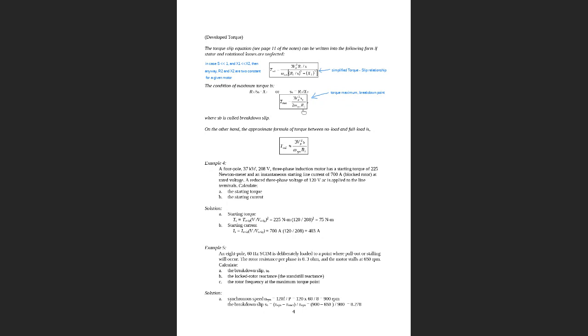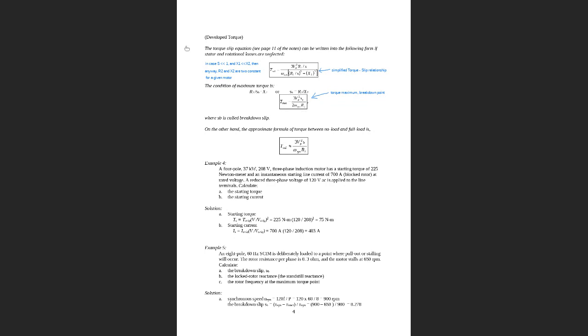As a result, the breakdown slip SB is usually much smaller than 1. For most motors these values are less than 0.5, say 0.3, 0.2, or 0.15.